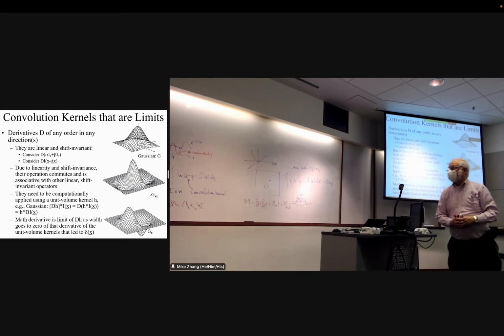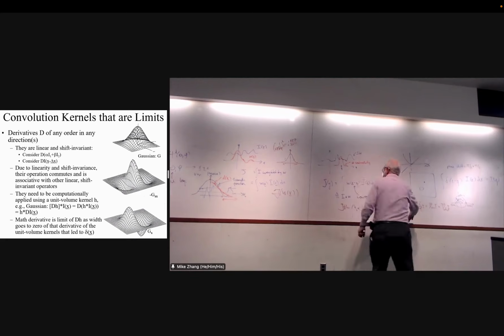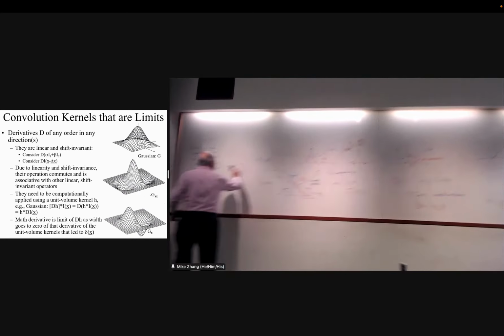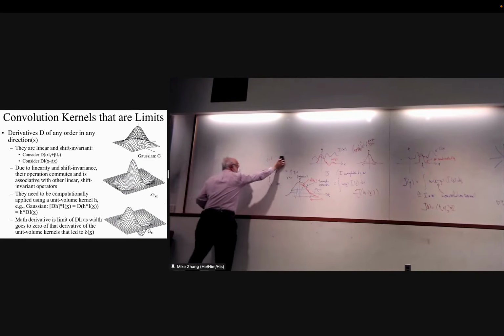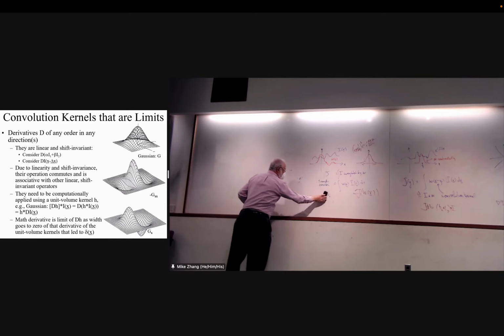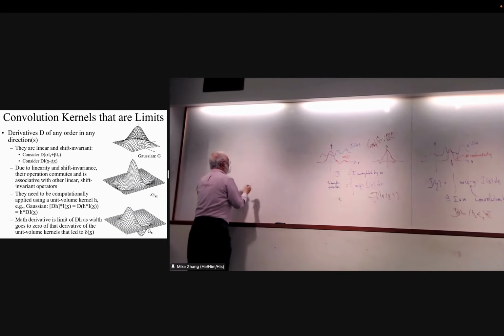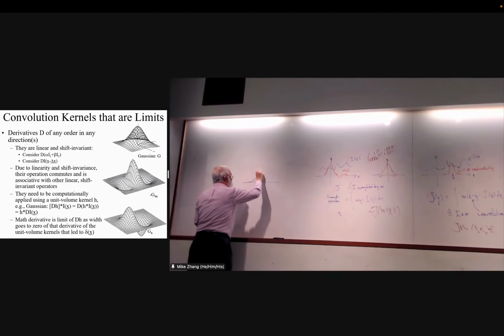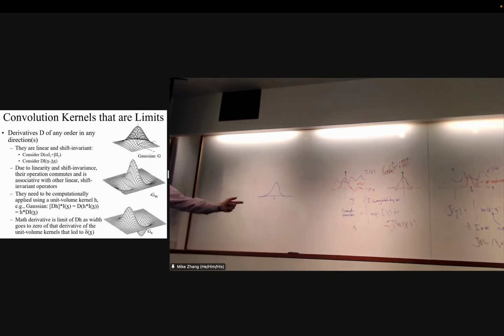So let's just make sure we understand what's going on here. We do some erasing here. Okay, so here's a Gaussian, one dimension.